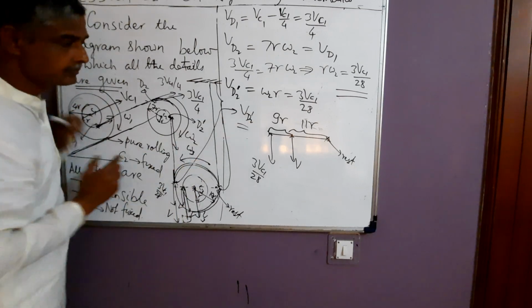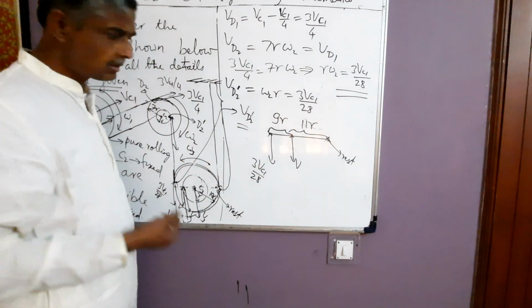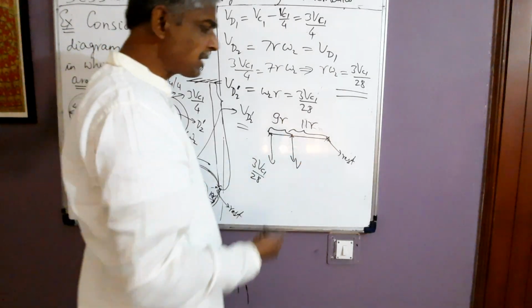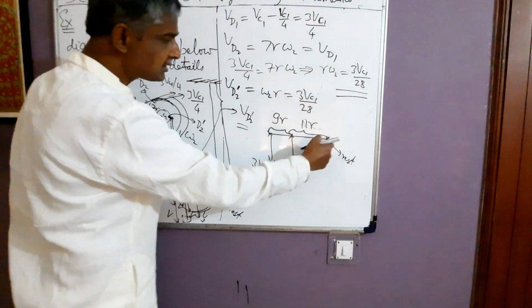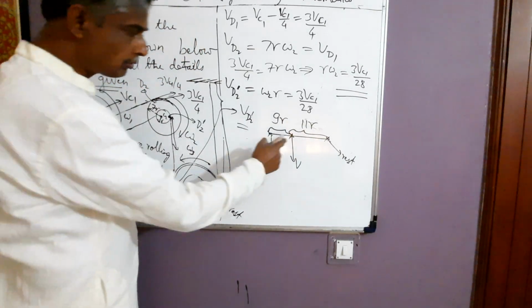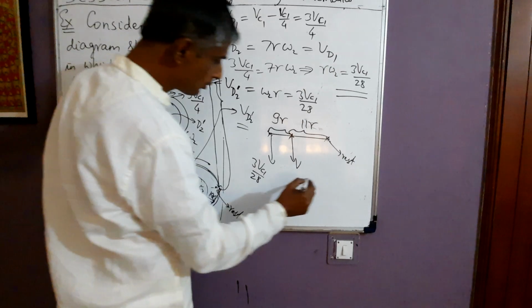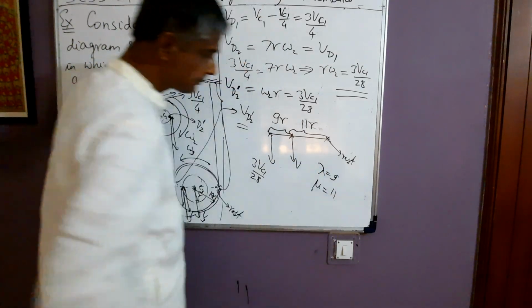So this is 9r. Now, here also we can apply SRC as we have been doing here. But here again it is easier to apply the section formula, because this point divides this line internally in the ratio 9:11. Okay. So I apply that section formula. So lambda becomes 9 and mu becomes 11.